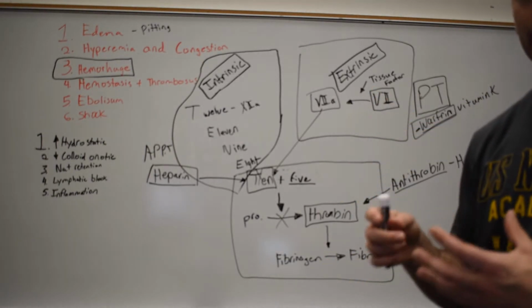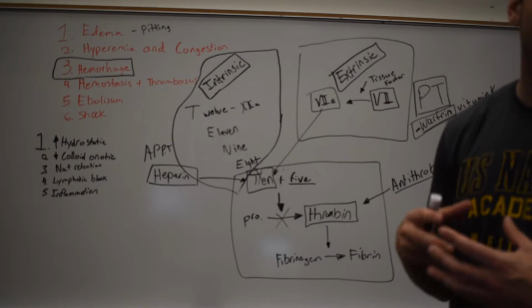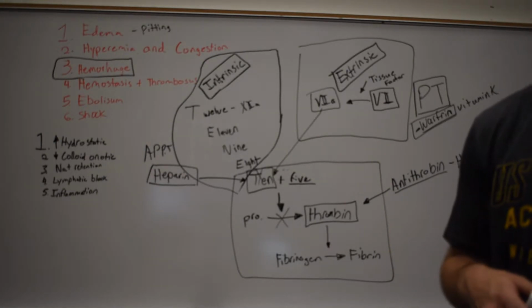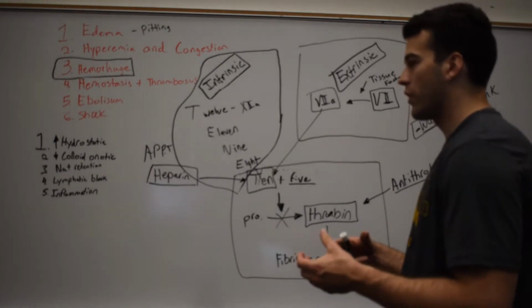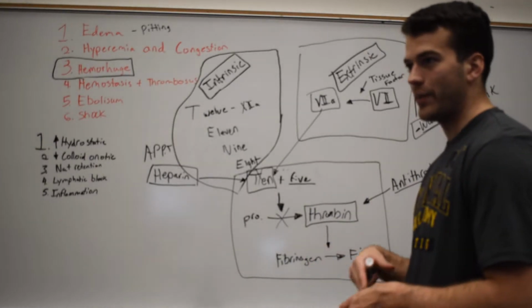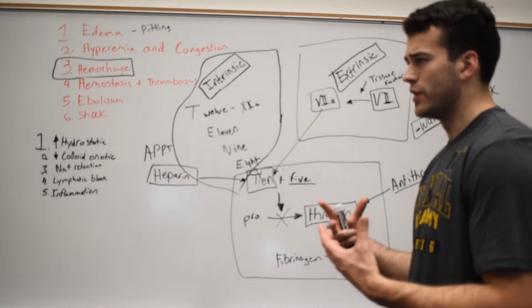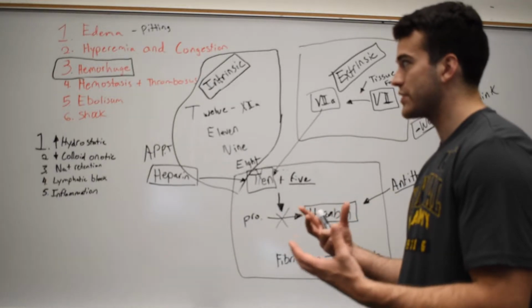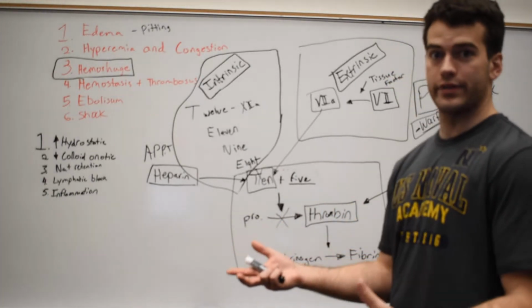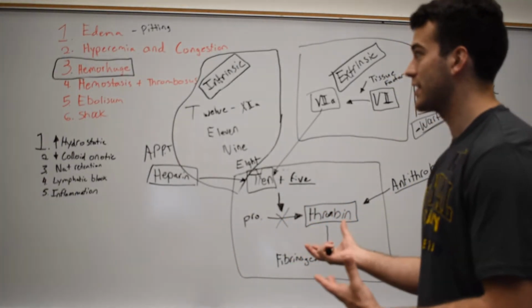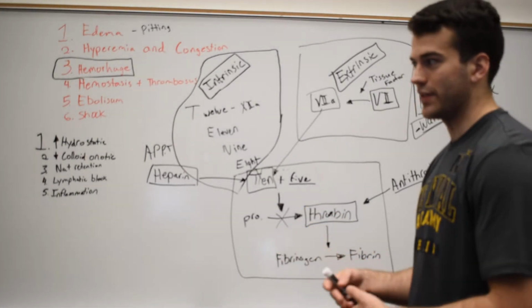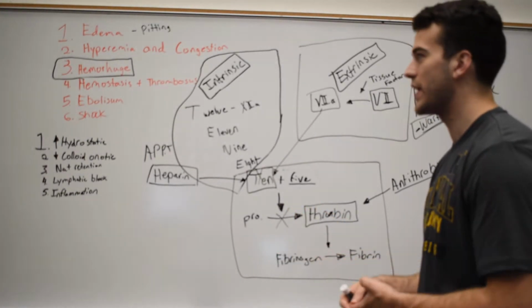So you're going to make a ton of little clots, and all those little clots are building up in the tissues, and some of the tissues where they build up are going to be starved for blood flow and for oxygen, so they're going to become hypoxic, and that's bad, obviously, especially to our more vital tissues.